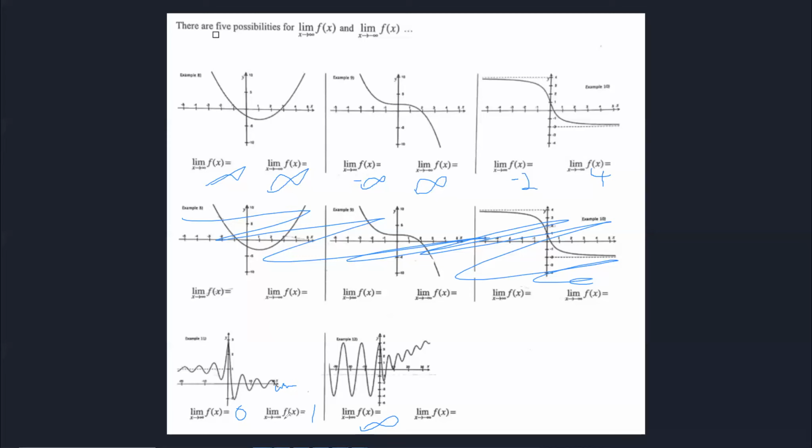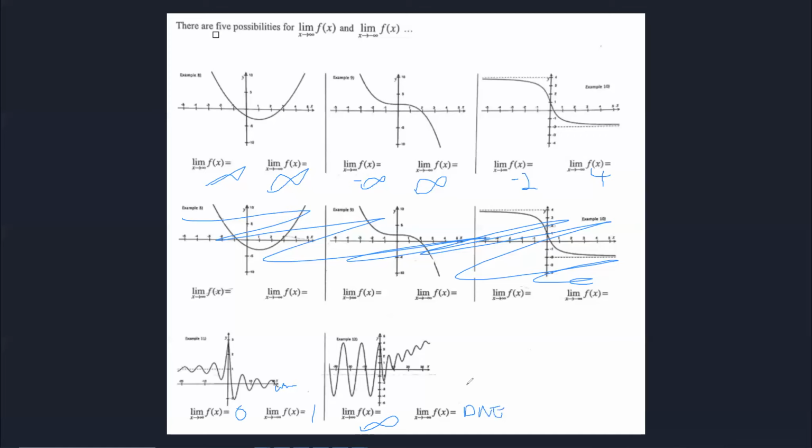And then it keeps oscillating between the same values. Therefore, there's no clear defined value that it oscillates closer and closer to. So you would say that the limit does not exist.